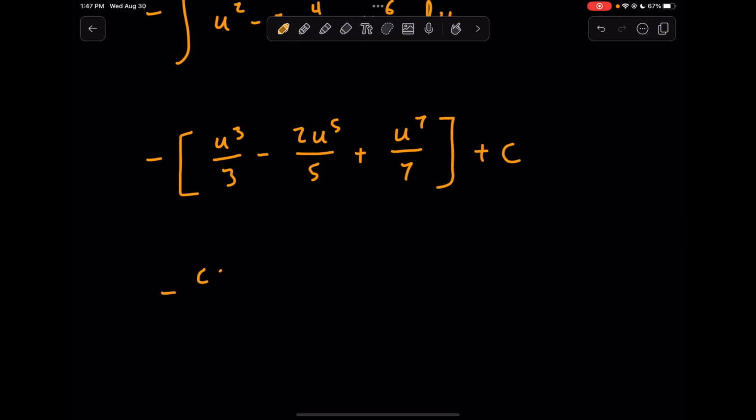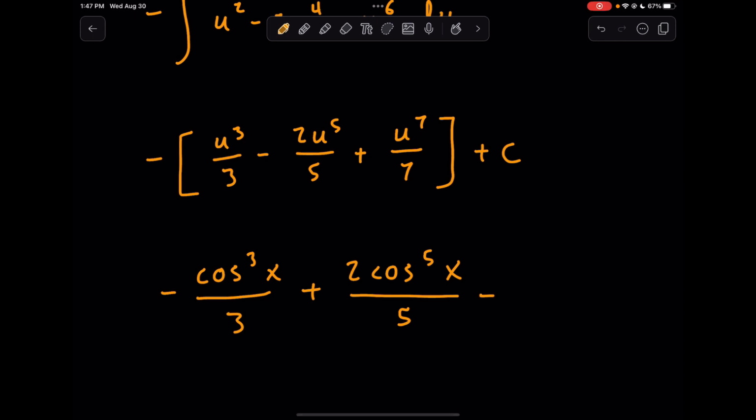That's negative cosine cubed x over 3. We're also going to distribute this negative, so that's plus 2 cosine to the 5th x over 5 minus cosine to the 7th x over 7 plus c.